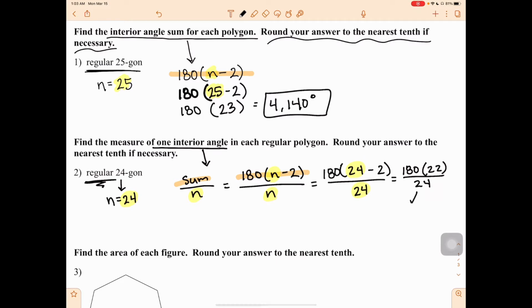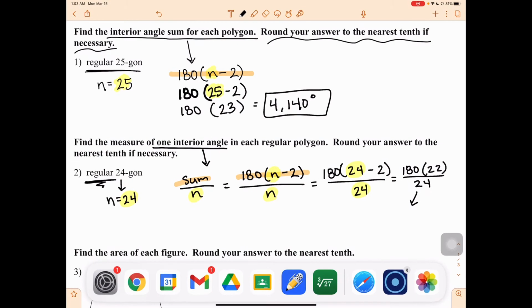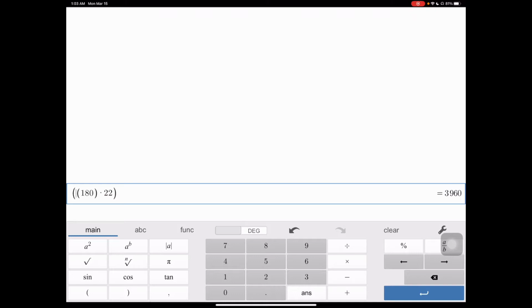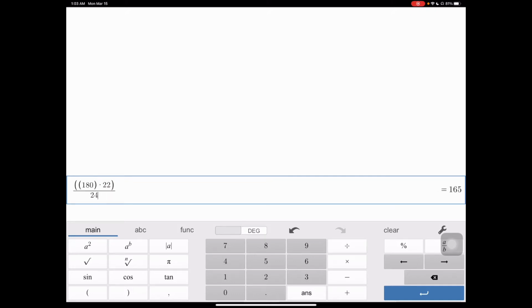So I'm going to plug that all into my calculator. So I'm going to put this in parentheses, 180 times 22, like that. There we go. Then we can divide that whole thing by 24, the number of sides.